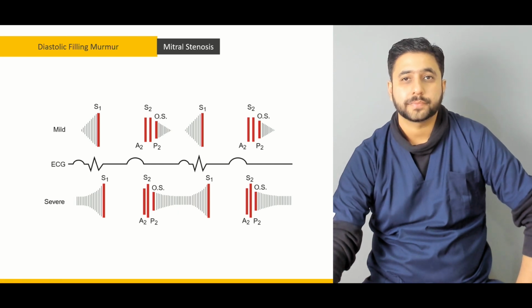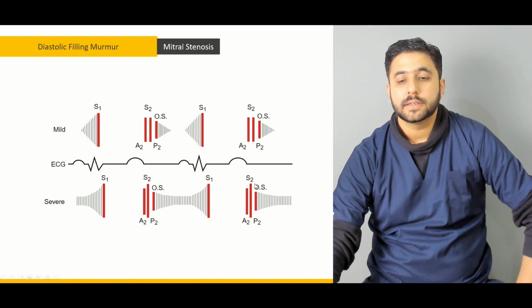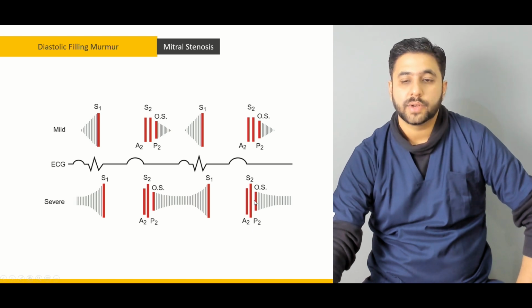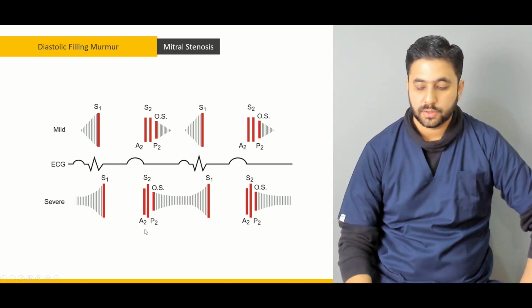It can lead to pulmonic hypertension, which can lead to pathology with the pulmonic valve as well. And you can see that progressively the P2 component can become increased or louder in these patients with severe disease of mitral stenosis. So this is just an explanation regarding the comparison of the milder or severe form of mitral stenosis.